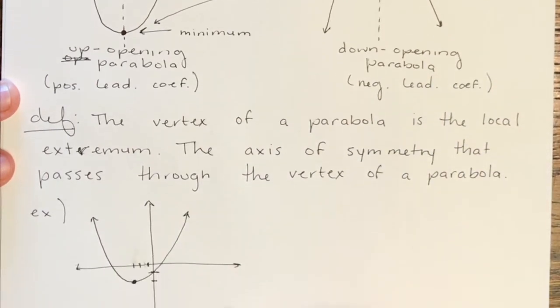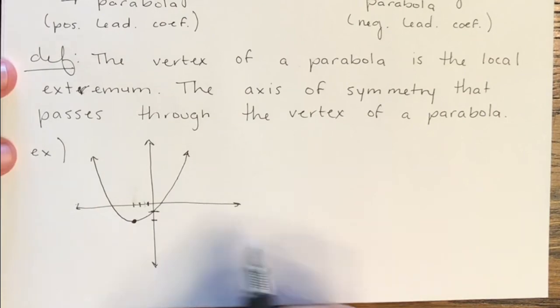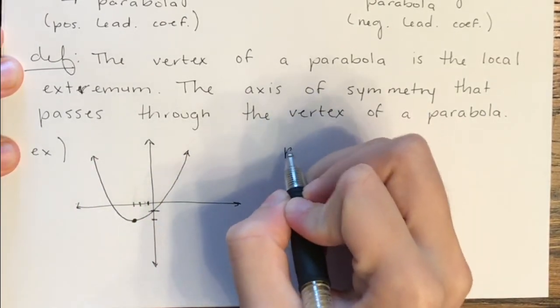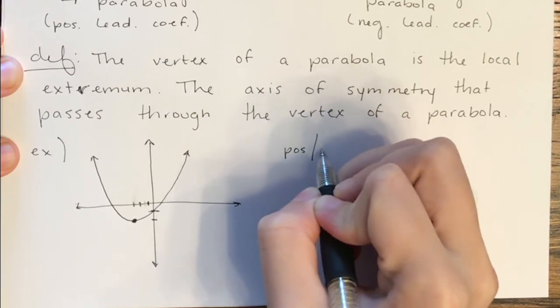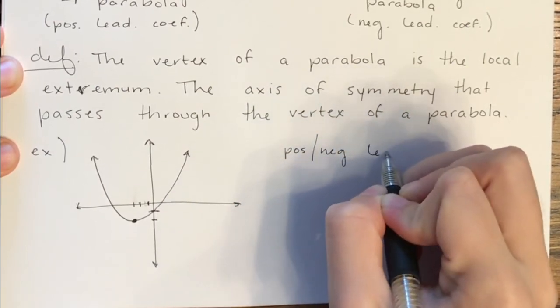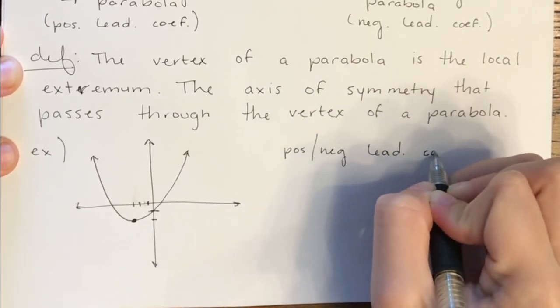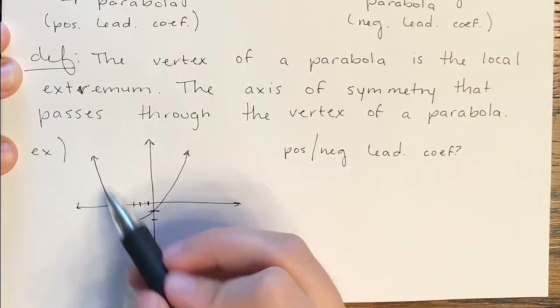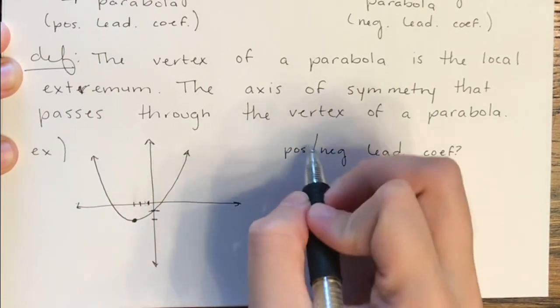So let's look at a quick example. If I was given this parabola, do we have a positive or negative leading coefficient? Well, it's opening up, so it's positive.